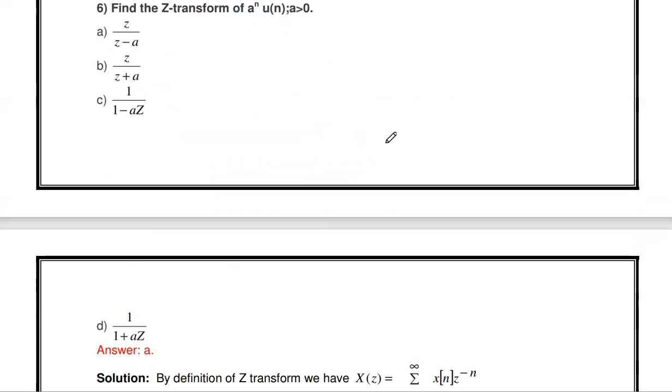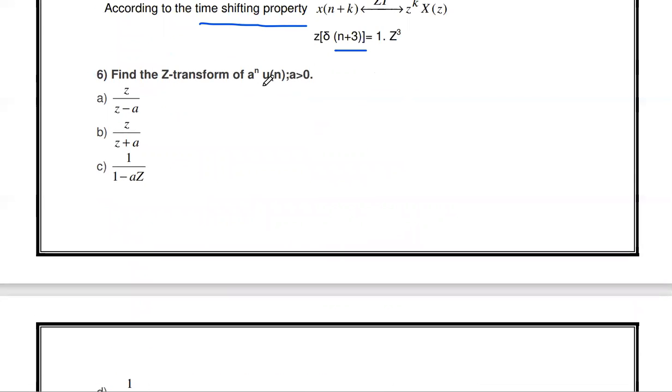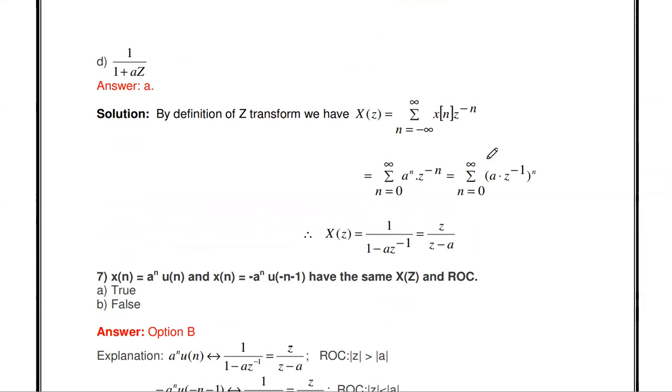Okay, then the next question: find the Z transform of a power n u of n for a greater than 0. a power n u of n is nothing but an exponential signal. To find its Z transform, using the usual procedure, we write the Z transform formula and then substitute the value of x of n, which is a power n u of n.